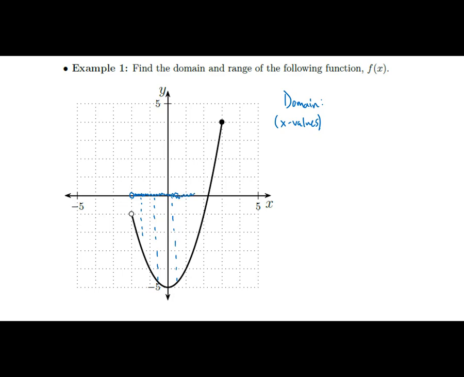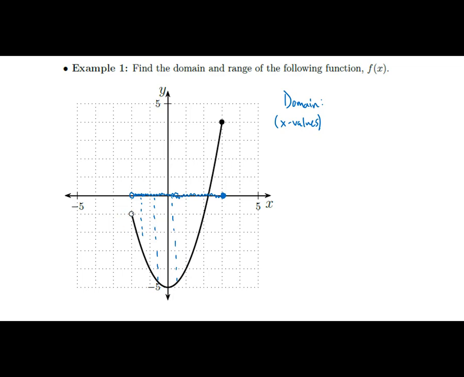And that's true all the way until I get to 3, and I see this solid circle ending things. So on the x-axis here, I can see that all the x values in this interval, the graph exists for. So that interval of numbers is my domain.